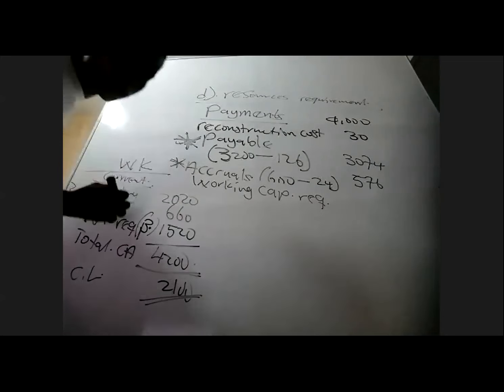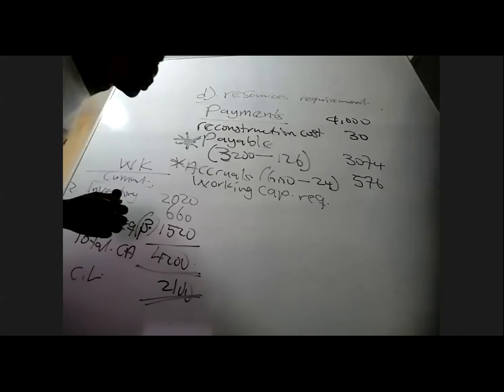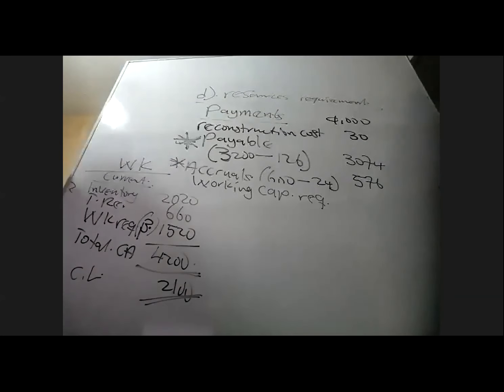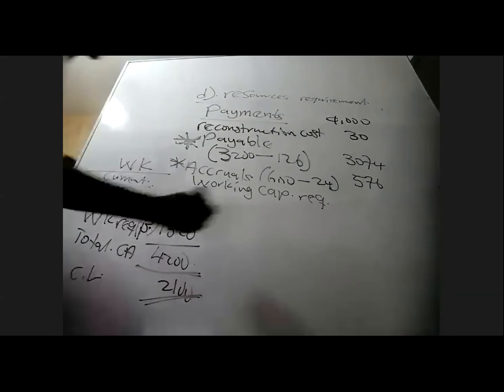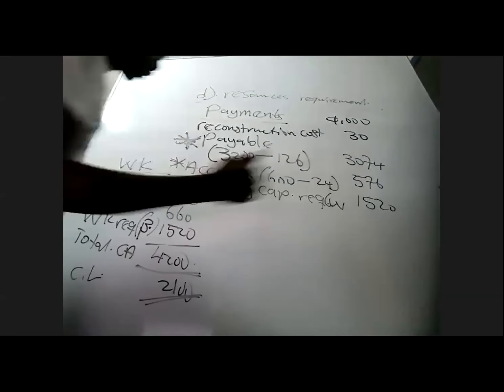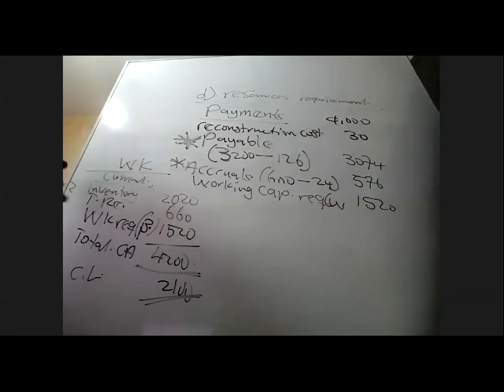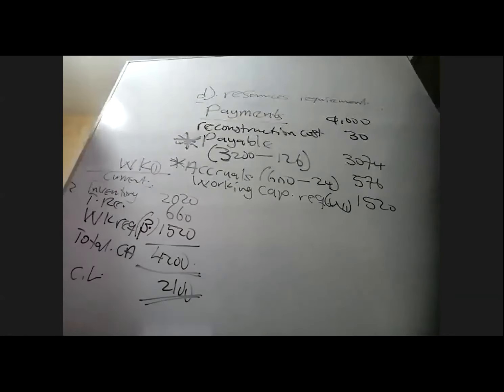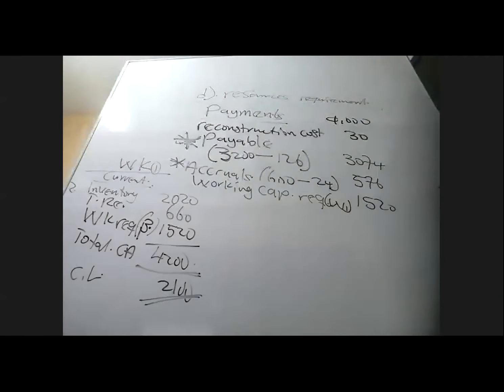If this working is 3074, okay, good. Working capital is 1520, in bracket, workings number 1, W1. Good. That's fine. Now let's move on.